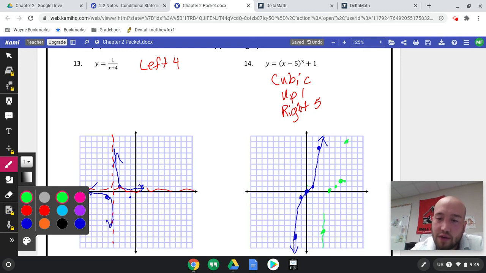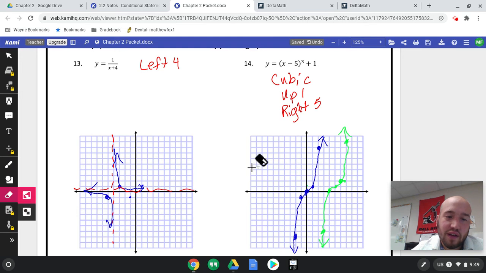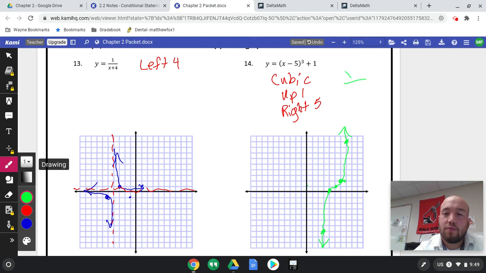And we get this green one is our new shape. And that works. If you are not comfortable shifting it like that, you also could make a t-table and plug in different values, okay? So that would also work.